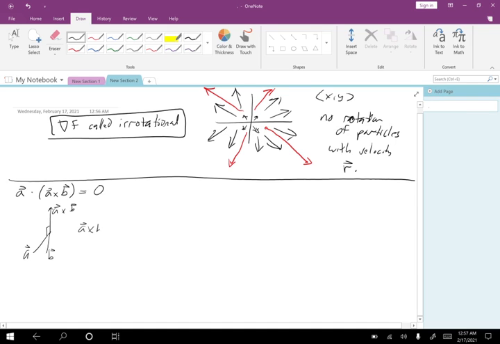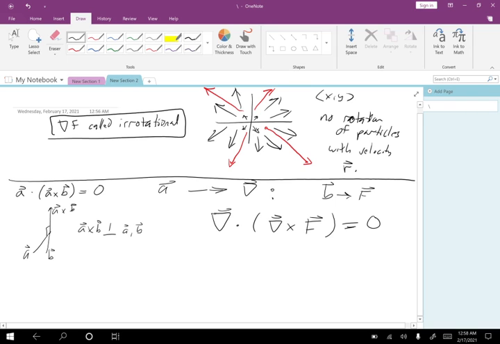So the cross product is perpendicular to both A and B. So now let's replace A with the gradient. And I'm also going to replace B with F, because we like F more than B. So the gradient dot product with the curl should be 0. So in other words, the divergence of the curl is 0.